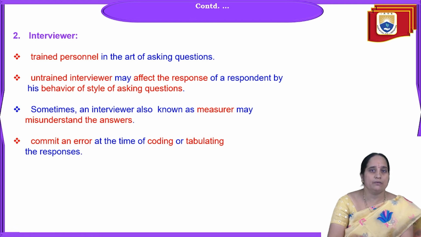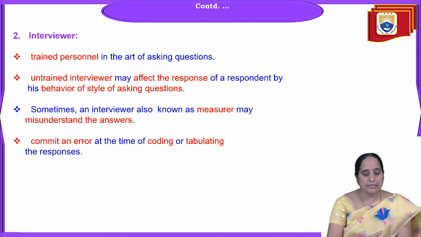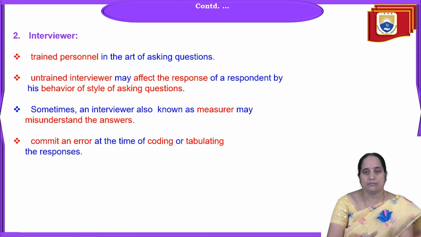It depends upon the ability of the interviewer, how well trained he is, and what type of behavior he has, and that leads to systematic error. And sometimes an interviewer, also known as the measurer, may misunderstand the answers.